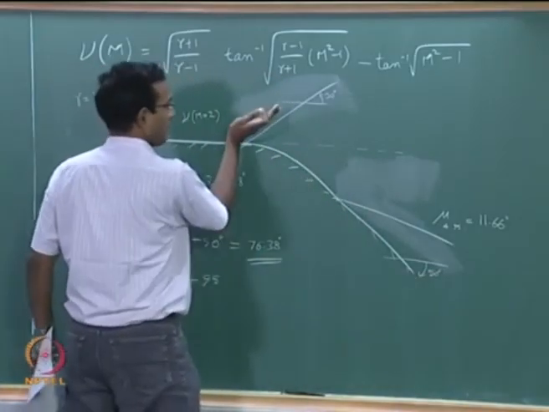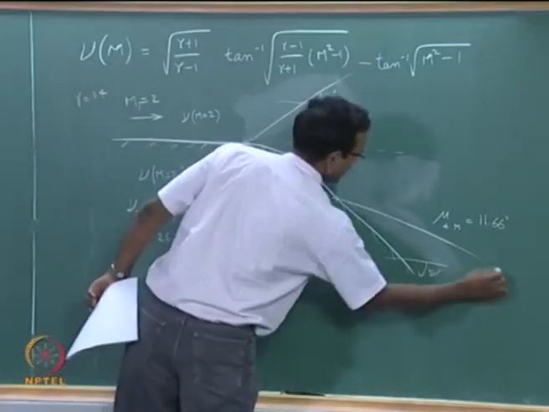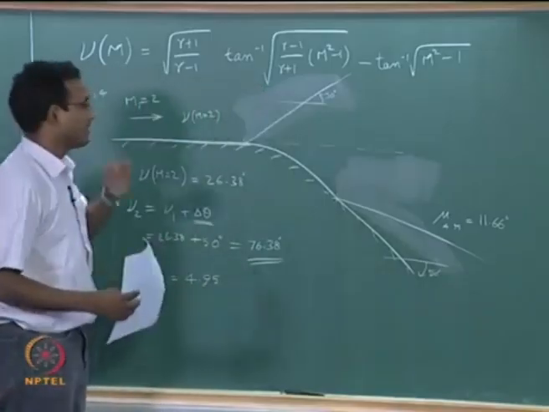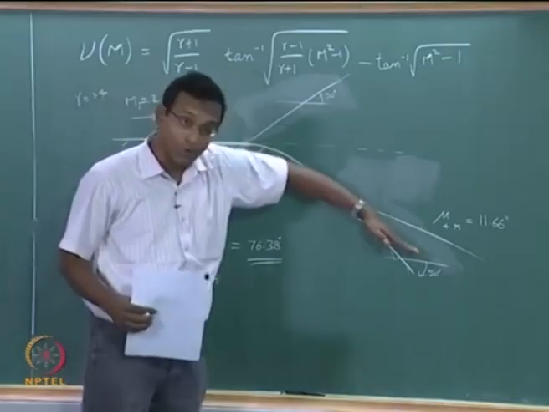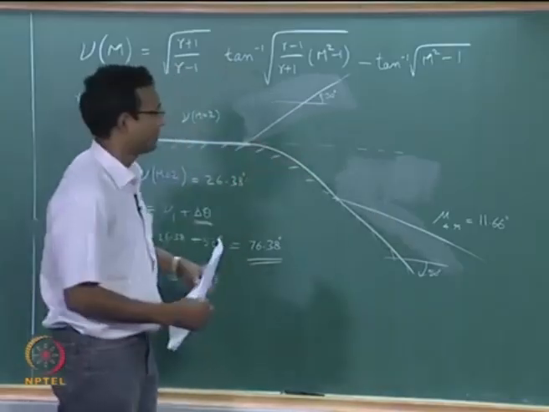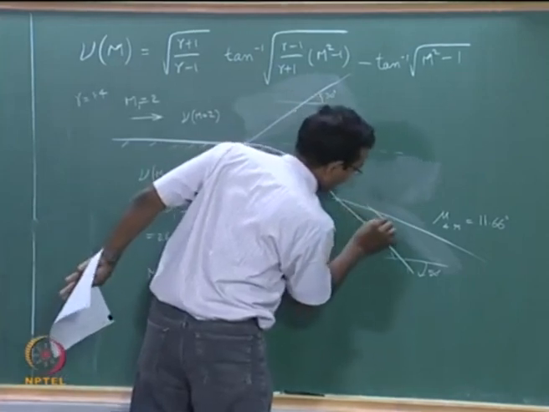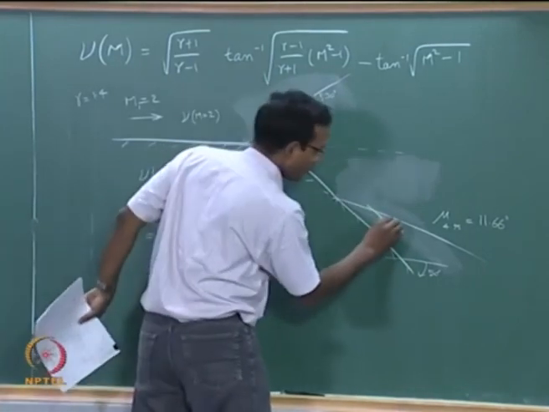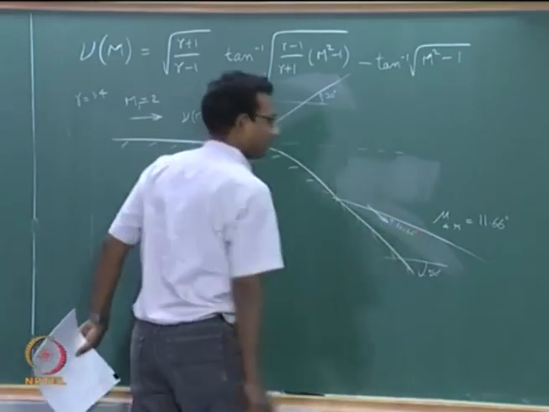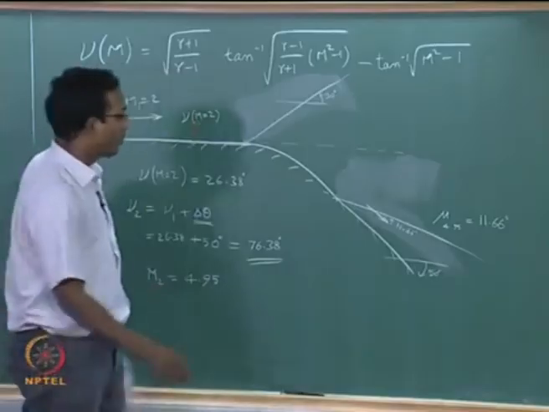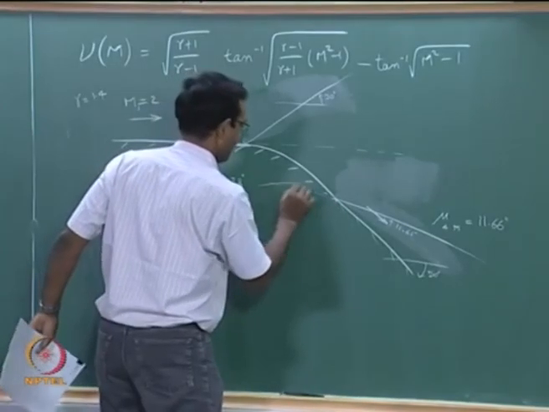Now my initial expansion wave line goes like this, the final one goes like this. This is the correct way to draw it. It actually crosses the horizontal and goes below also. For this particular case it does. What matters is, with respect to the local velocity vector direction in there, I am going to have that 11.66 degrees. This is the last wave. So overall, this final angle with respect to my horizontal will be what?